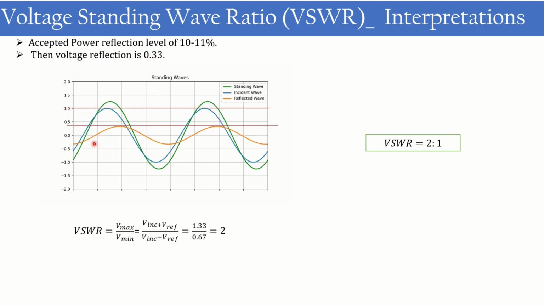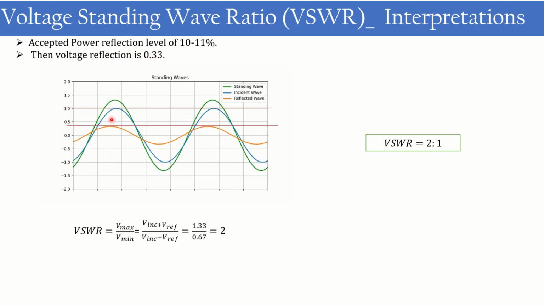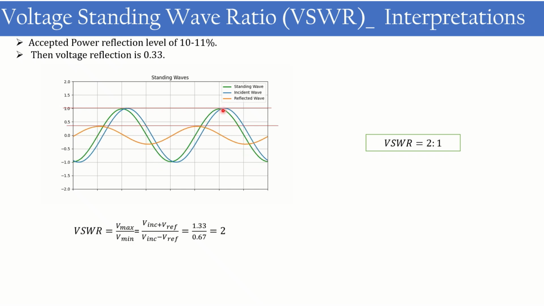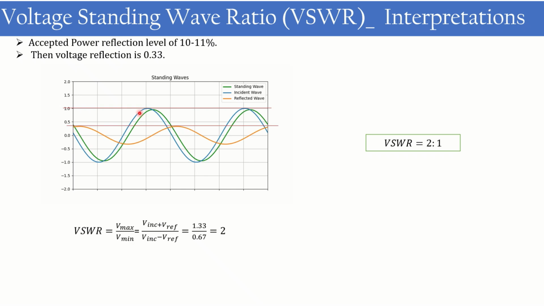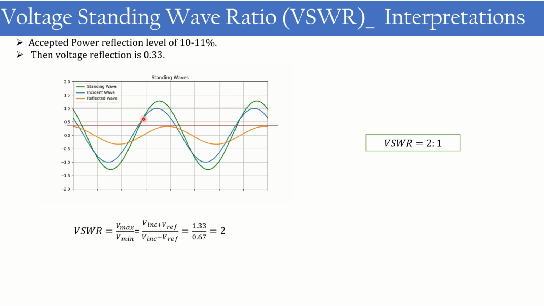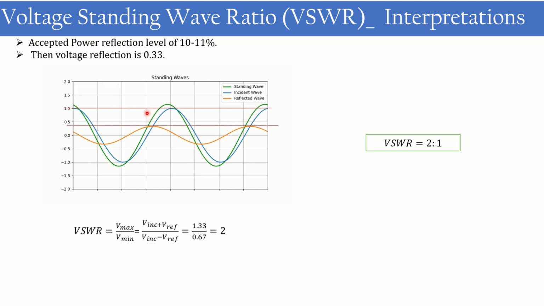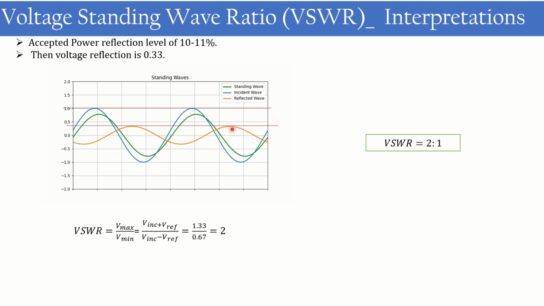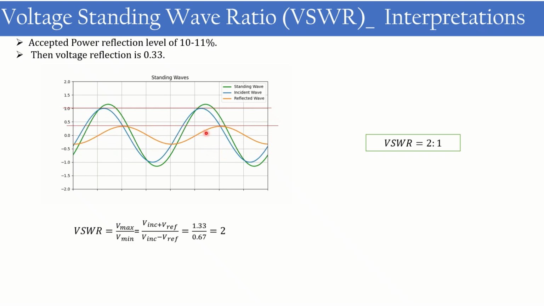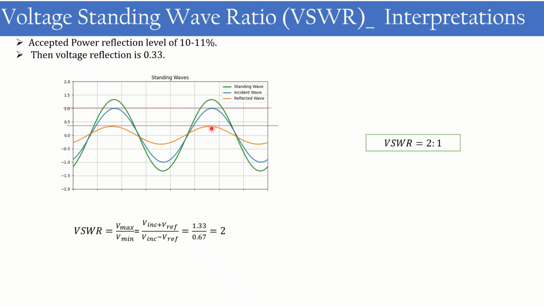So here I am considering 1 volt of signal. Here you can see that the blue is the incident signal and its value is 1, and I am considering the reflection of 0.33. Here you can see that the reflection level is 0.33 volt.